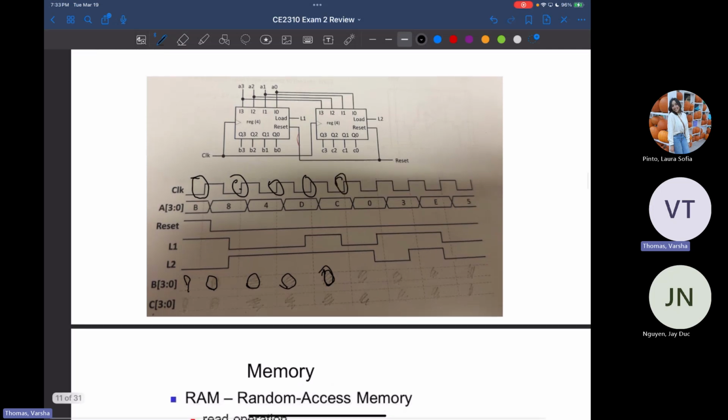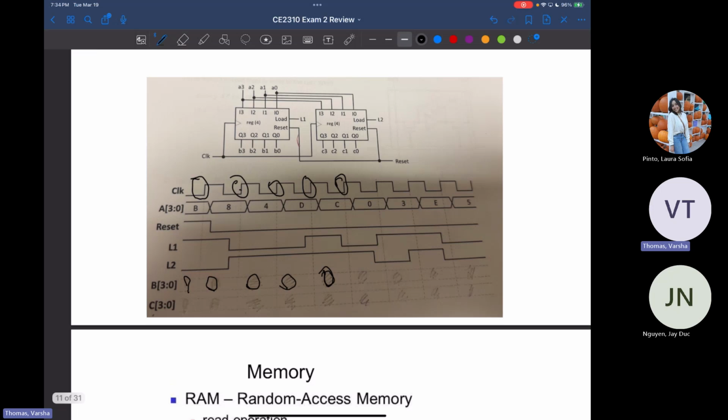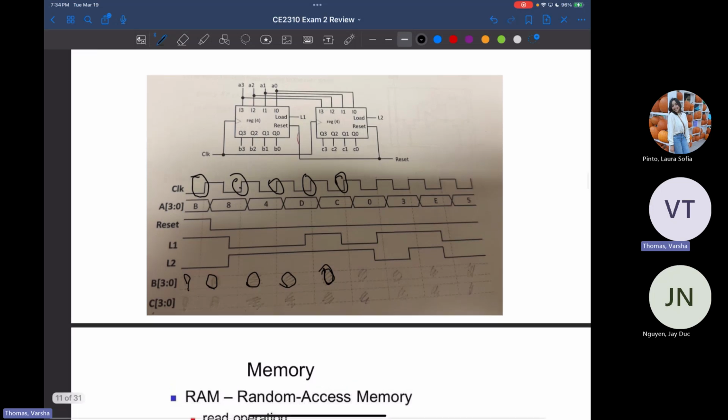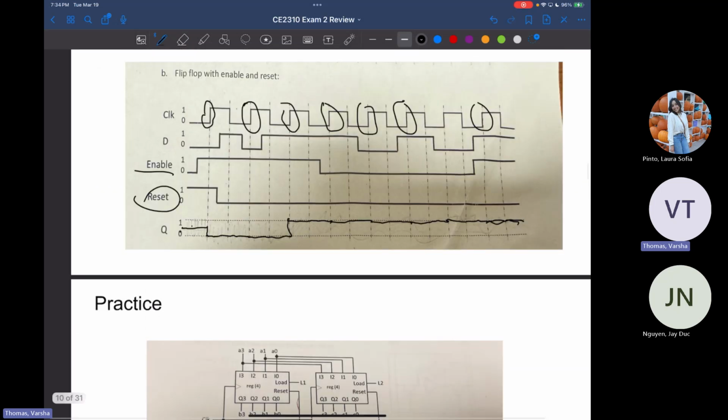So let's move to the next rising edge. Next rising edge, we have C, reset 0, so we're good to look at L1. And L1 is at 0, because we see this part here. It's at 0, so since L1's at 0, we're just going to keep the previous output like we've done here.